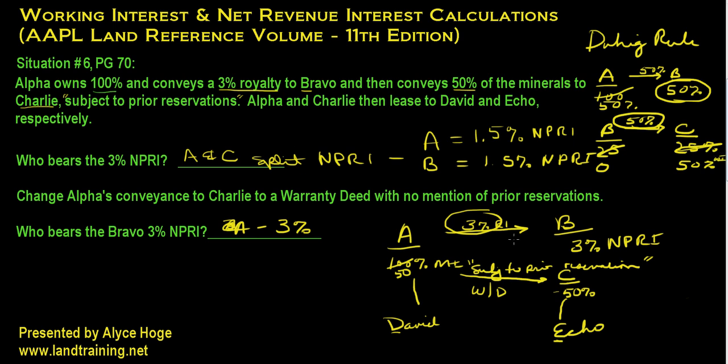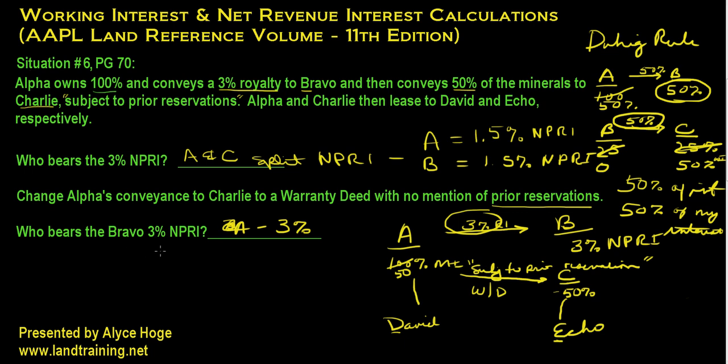So what it's saying is this is a very similar situation, because if you don't mention any prior reservations, the court is going to only look at the four corners of the document to determine what you meant by that. You own 50%, you're conveying 50%. And again, the key is if he had said 50% of my interest or 50% of my 50 interest, he would have been okay. But what he said was 50% interest. And that was where the problem is.